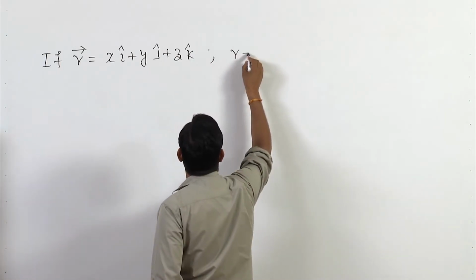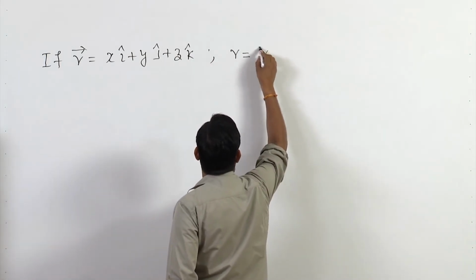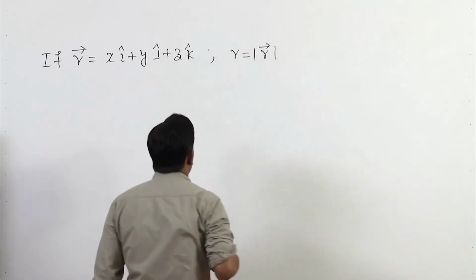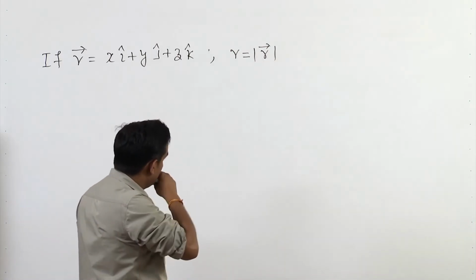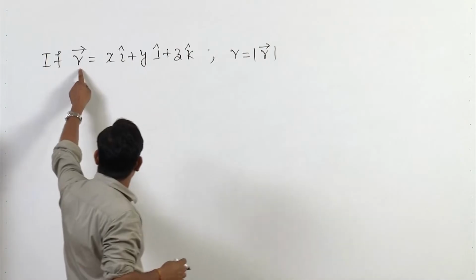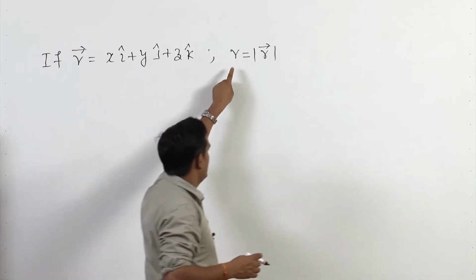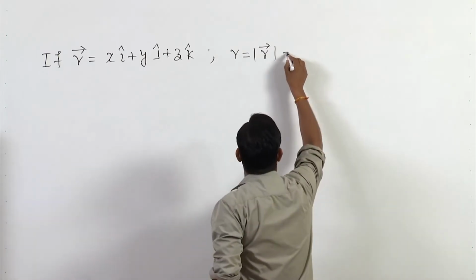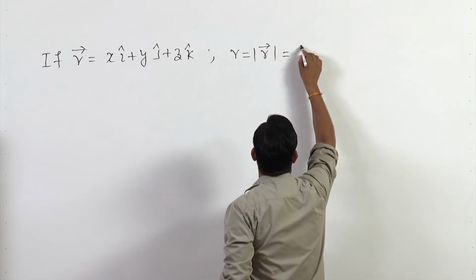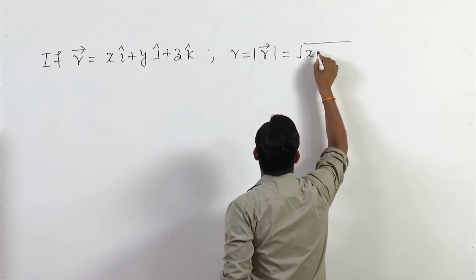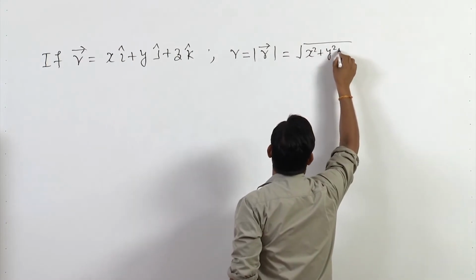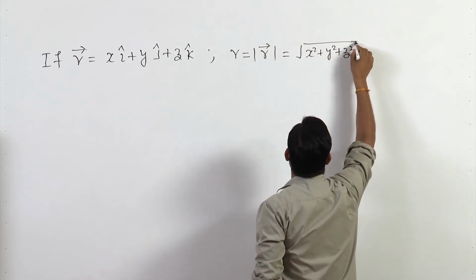Let us say r is giving the magnitude of this vector. So this vector r is a vector function, but this r is the magnitude, so it will be a scalar function and it is given by the magnitude of vector r.